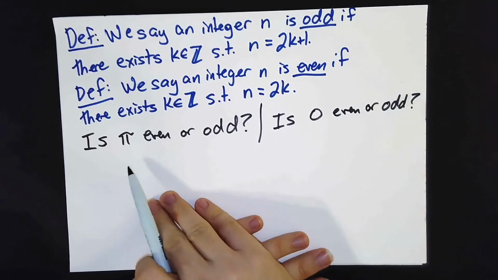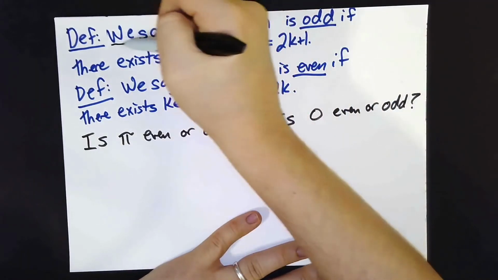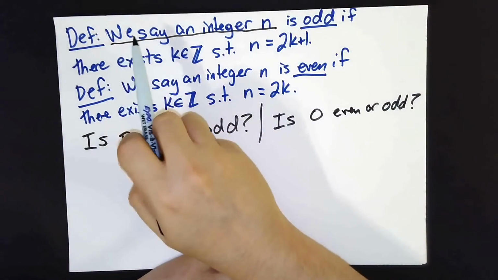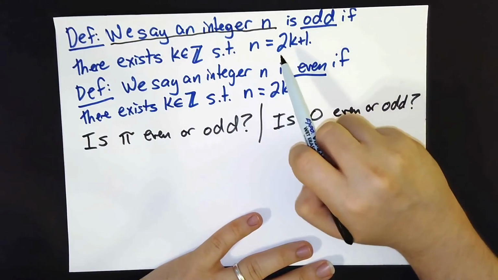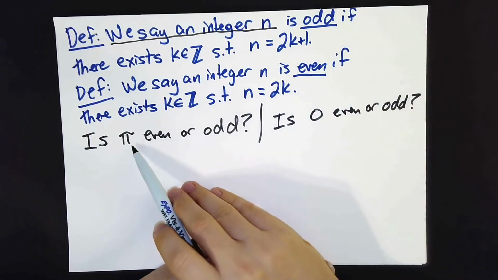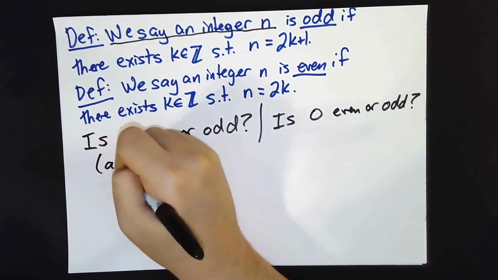Let's start with is pi even or odd. The definition here actually tells us that we're talking about integers when we talk about odd and even. So in fact, the definitions we've written down here do not apply to pi because pi is not an integer. So really, this question is a category error.